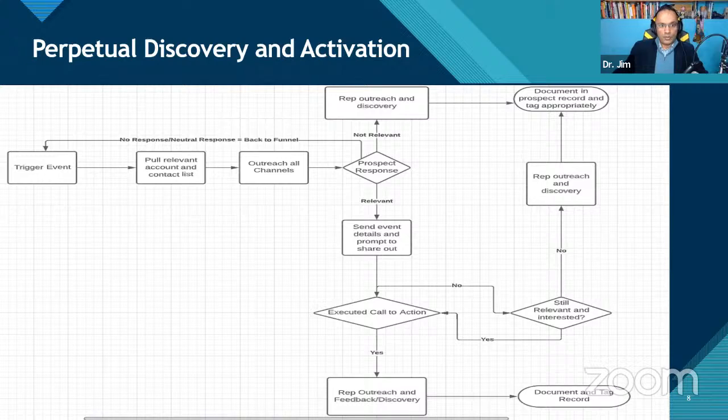But anyways, when you look at this model, the key thing that people should take away is that as a seller, it gives you a mechanism to be constantly engaging with your prospect and really understanding where they're at and creating an ongoing conversation. This is the same model that I apply on LinkedIn, and you can do this through your emails as well.